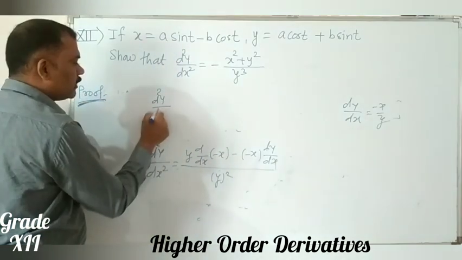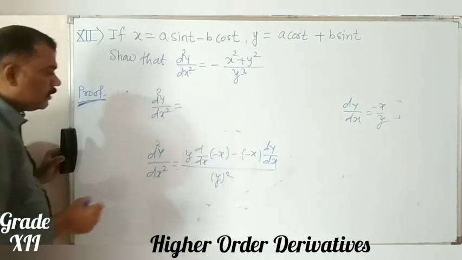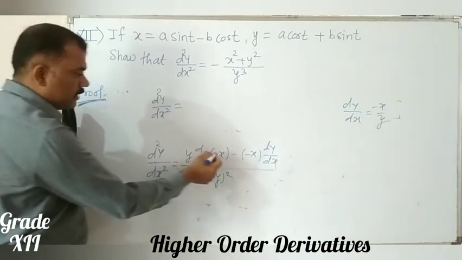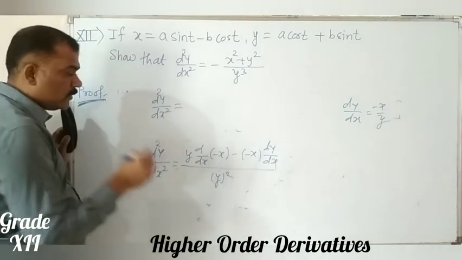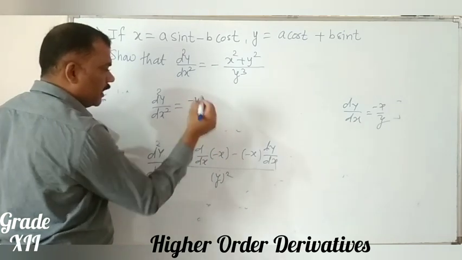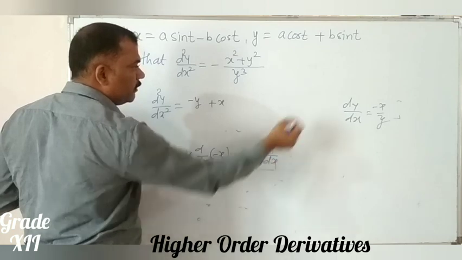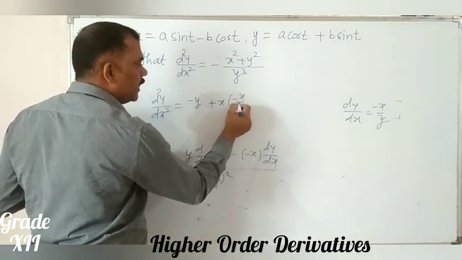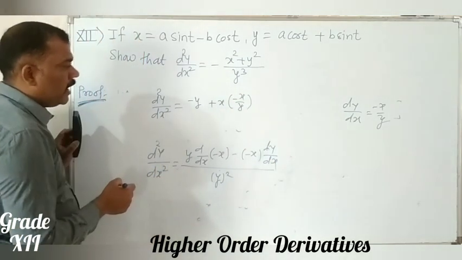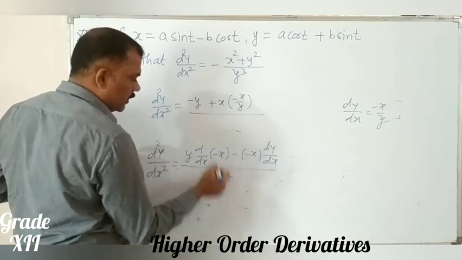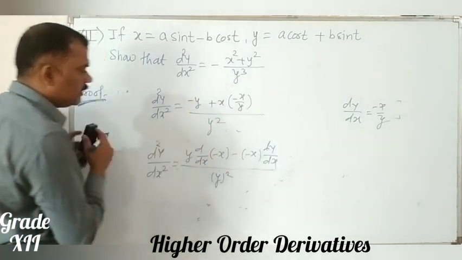So we get d2y by dx square is equal to differentiation of x with respect to x, nothing but 1. Due to this minus we get minus y. This minus minus becomes plus, plus x into, what is the value of dy by dx? Minus x divided by y, divided by this y square as it is.